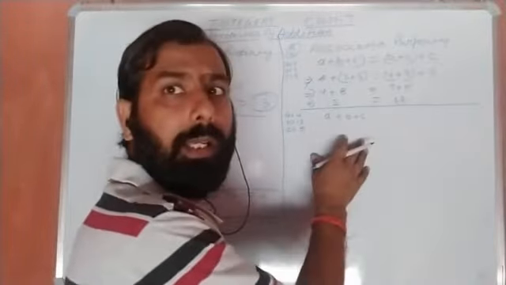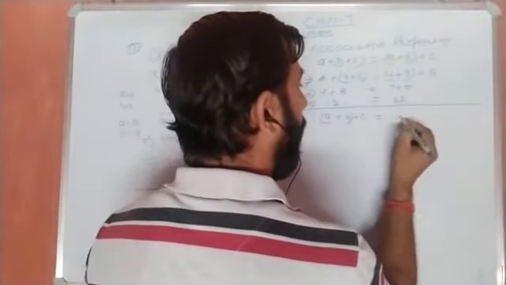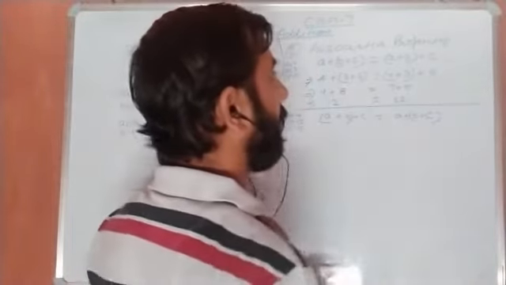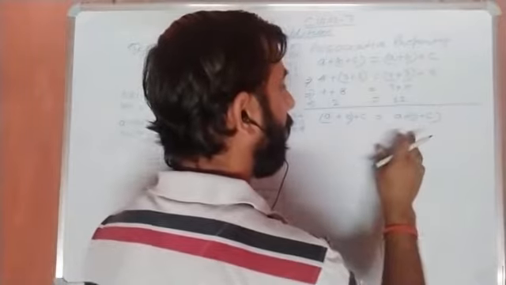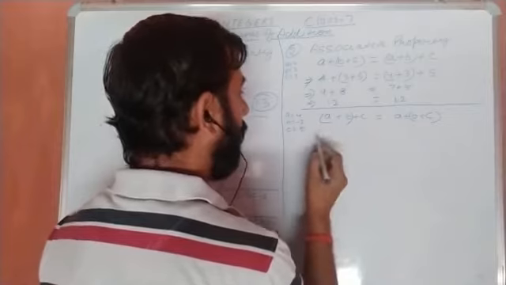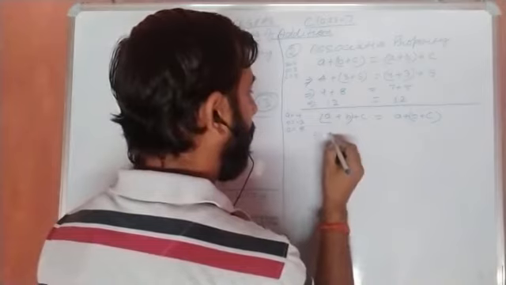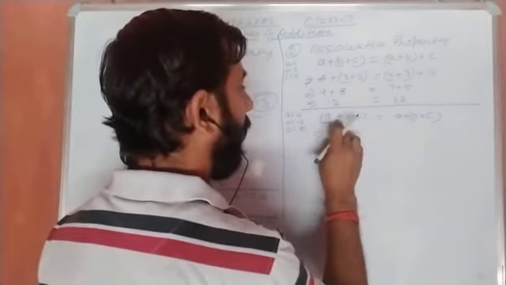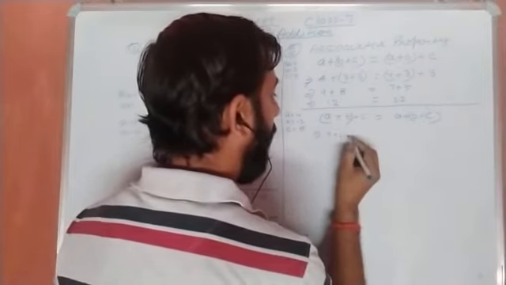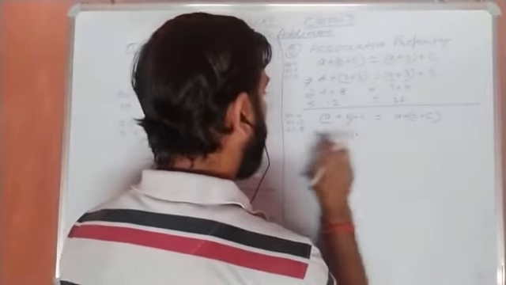Suppose in this I am grouping A plus B, and here I am grouping like this. A is 4 and B is -3, so plus -3, and here will be a big bracket, plus 5.